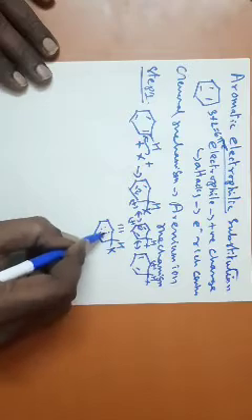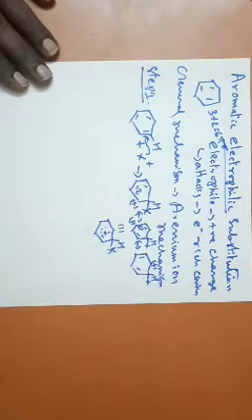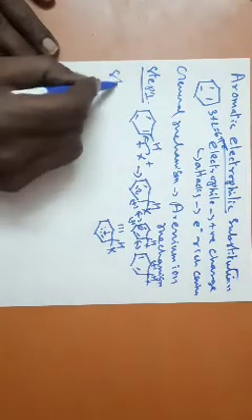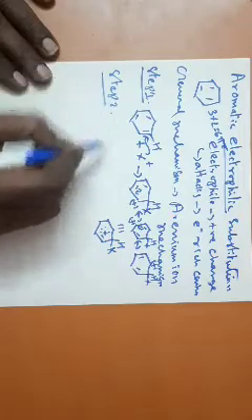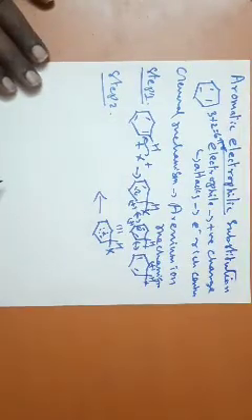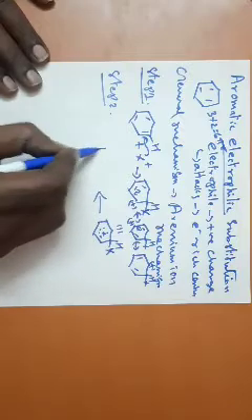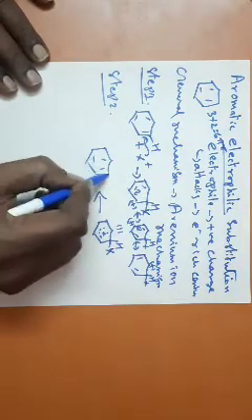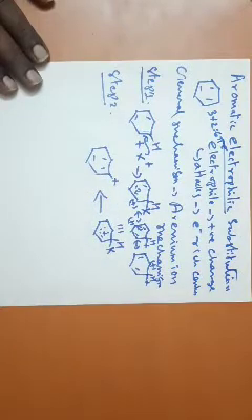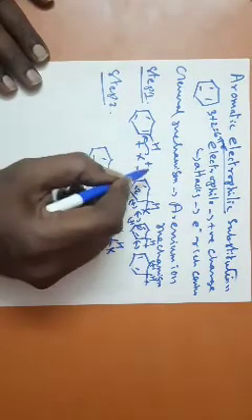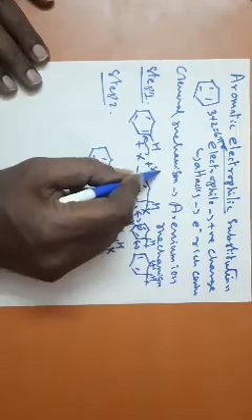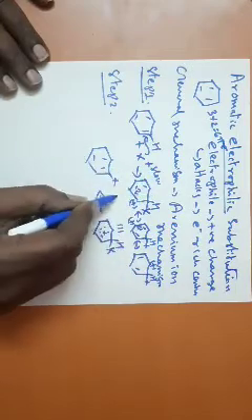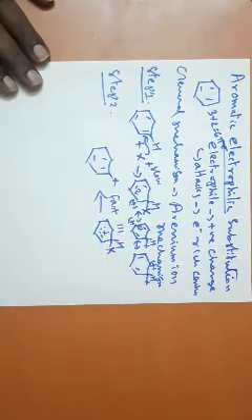In step 2, if this resonance hybrid loses a proton, we get a substituted product. This is your aromatic electrophilic substitution reaction. Step 1 is a slow step and step 2 is the fast step.